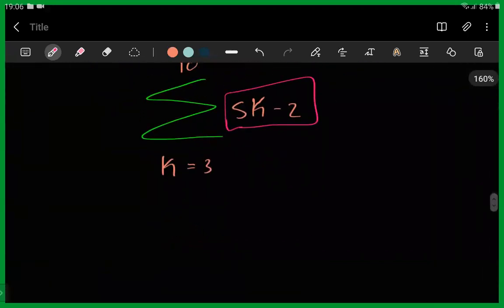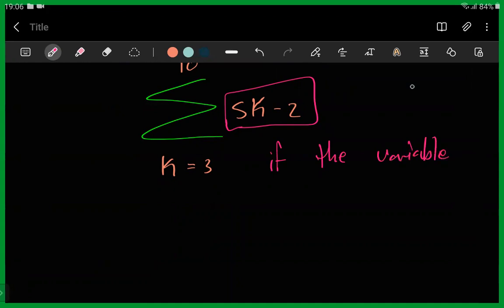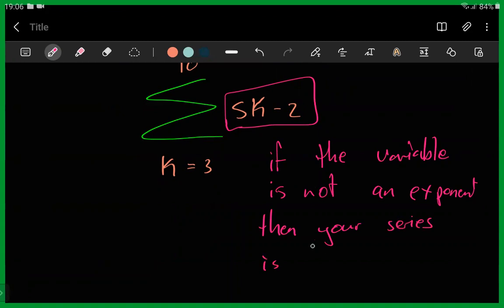If the variable is not an exponent, then your series is geometric.